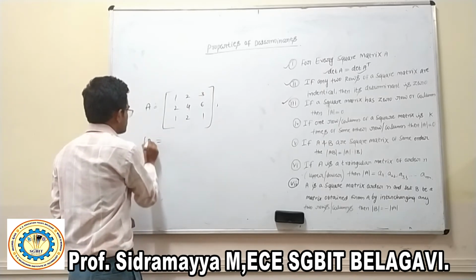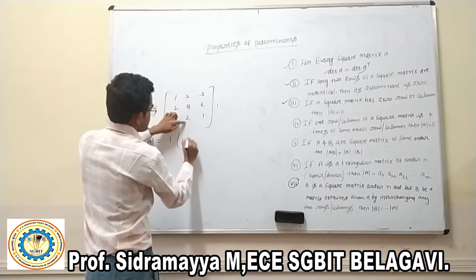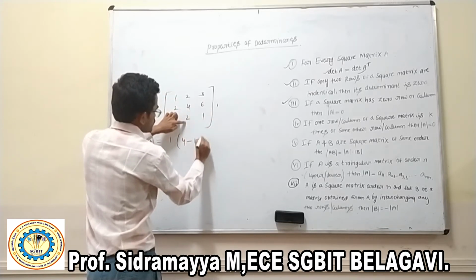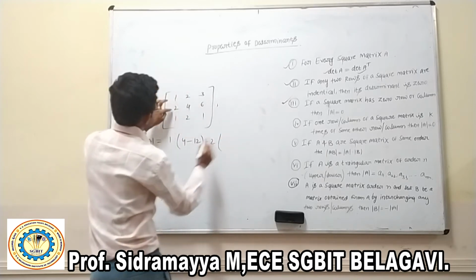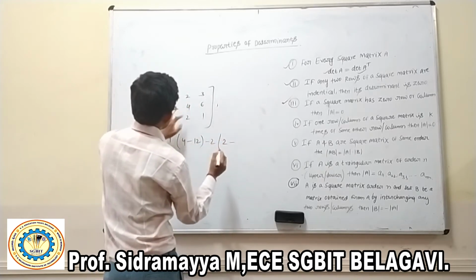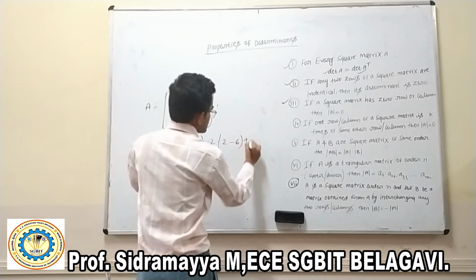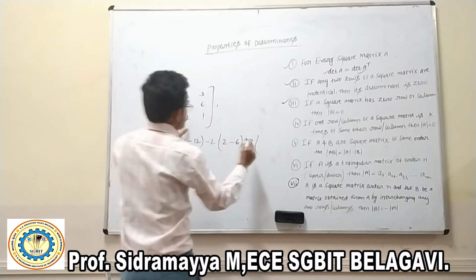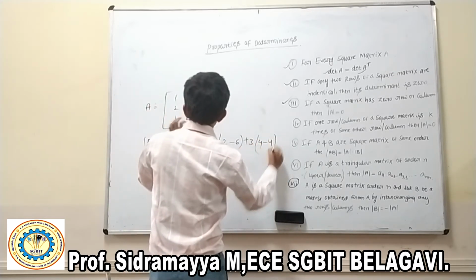Now calculate the determinant for this. So 1 into 4 into 1 is 4 minus 12. Consider the second one, minus 2, so 2 into 1 is 2 minus 6, plus 3 into 4 minus 4.